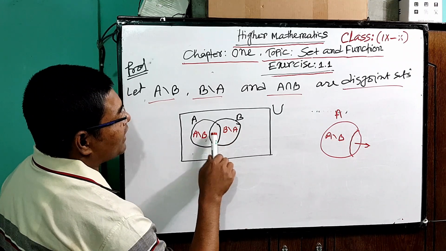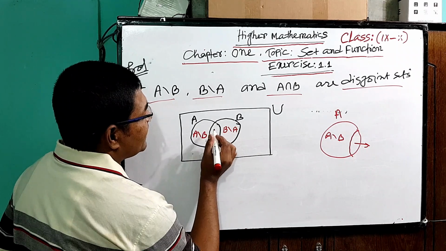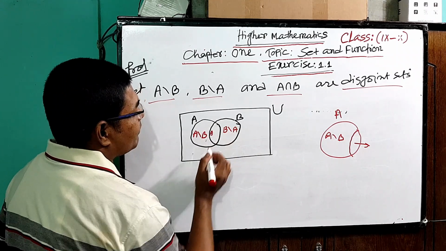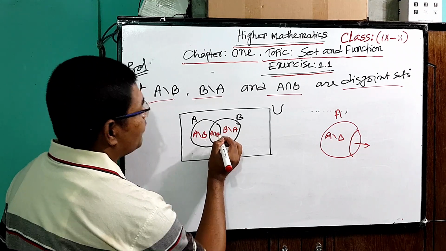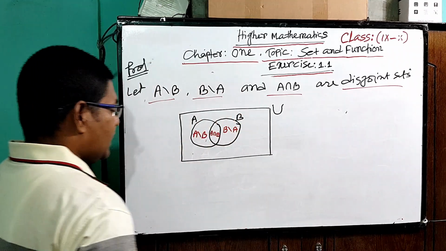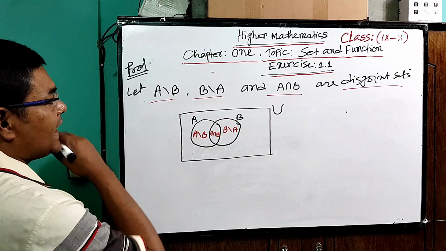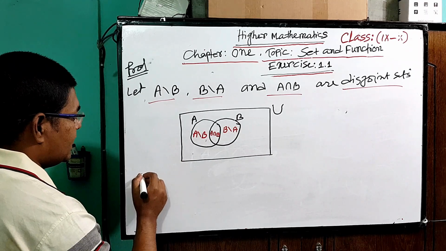This is the common part of set A and set B. This is A intersection of B. Now A equal to what?